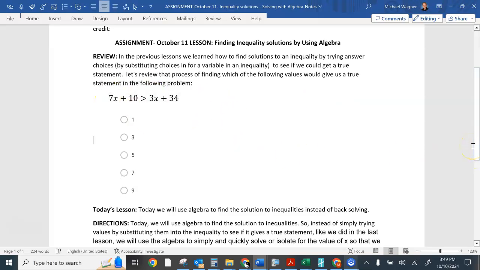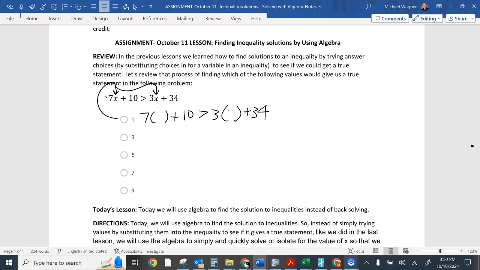So I'm going to take this equation, try this one, put it right there and right there, and see if it gives me a true statement. So I go 7 parenthesis x plus 10 greater than 3 parenthesis x plus 34. Is that true?